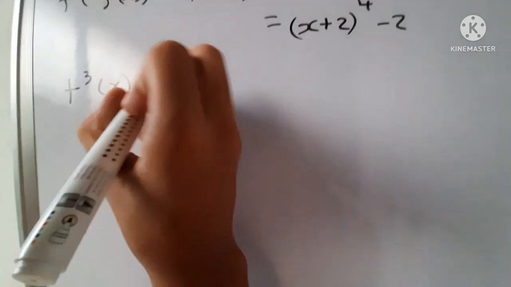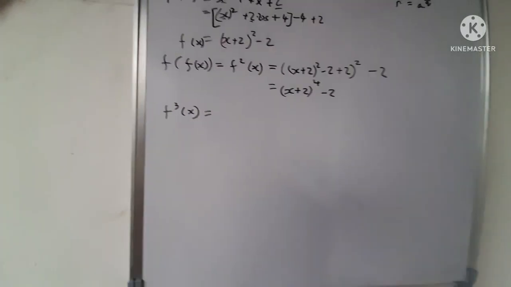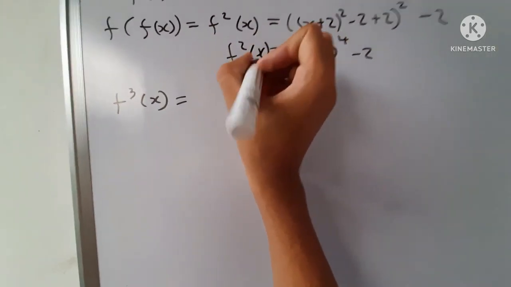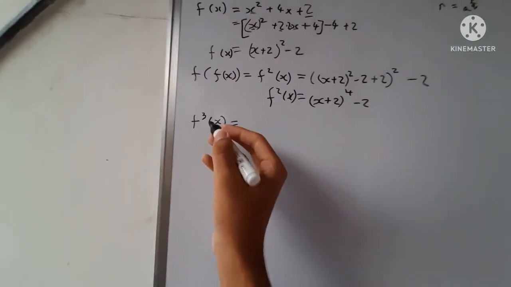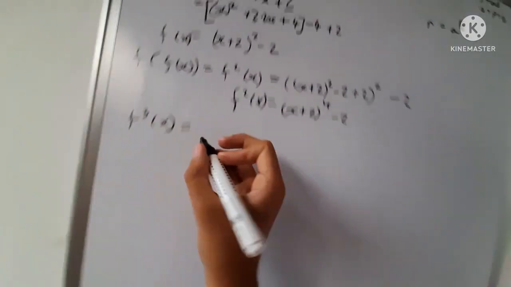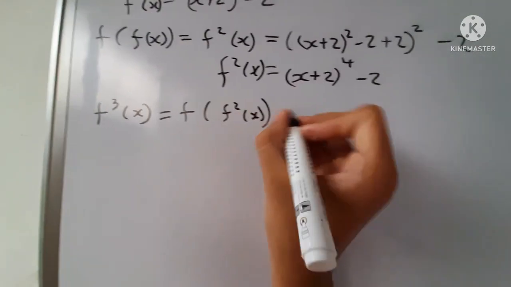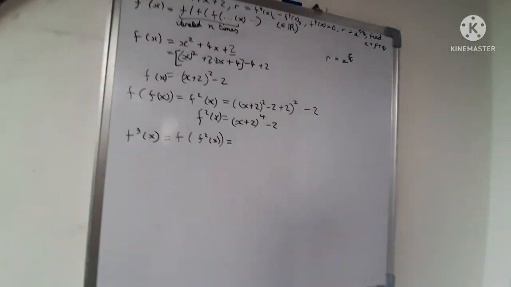This is to the second power, this is to the 4th power. Let's do another iteration. So we have f3 of x. We had f squared, I should say f2. So it's f of f2 of x. Let's just write that, and let's think about this.